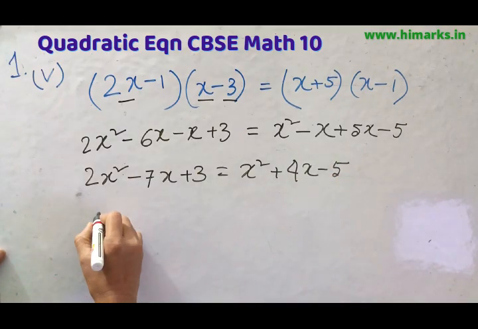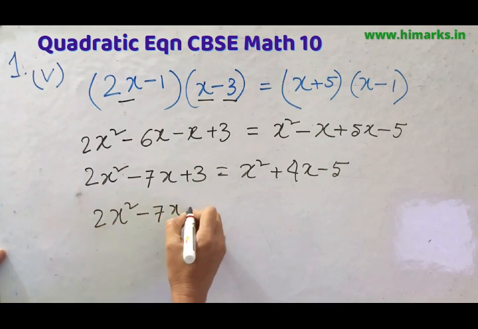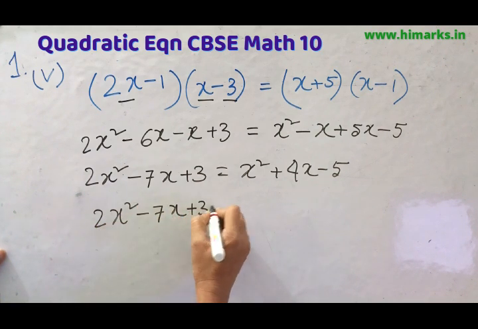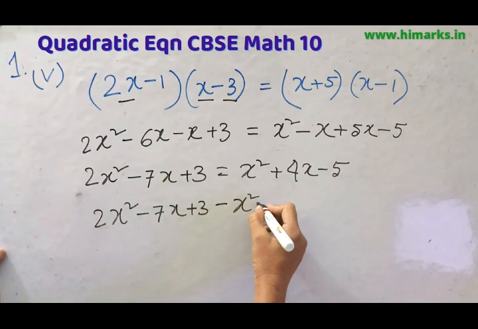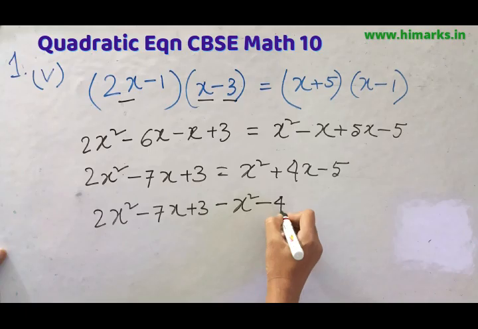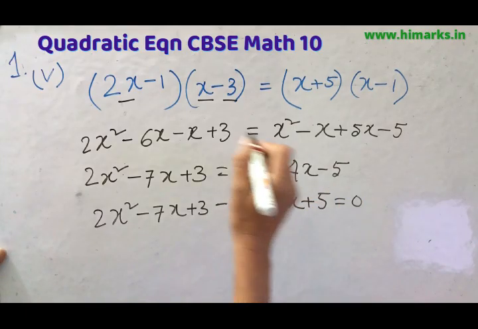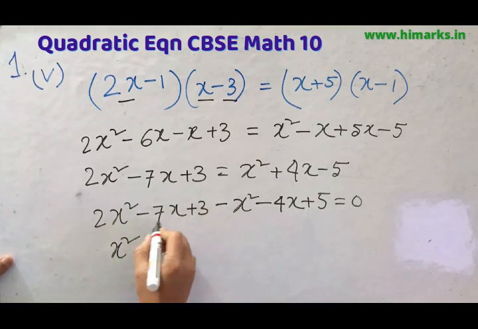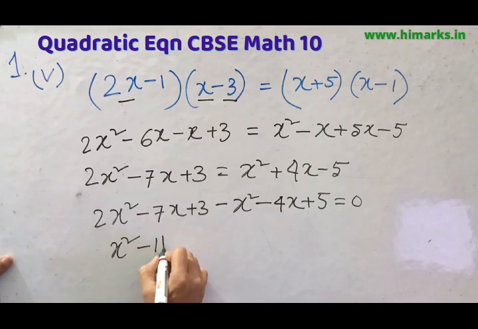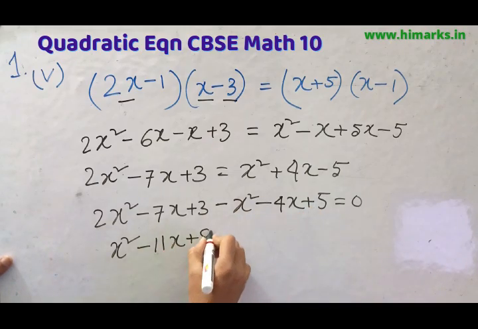Next, take all the terms to the left side. 7x plus 3, write everything, then one by one from this side bring to this side with a changed sign. So 2x square minus x square is x square, minus 7x minus 4x is 11x, plus 3 and plus 8.